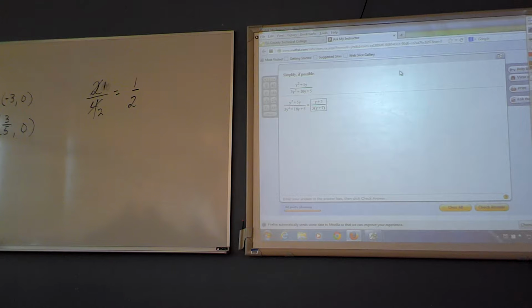And then the bottom is a reverse FOIL because you know you can't take the square root of 3 and you can't take the square root of 5. How do you do a shortcut on the top? It may be, it may not be, I don't know. If you factor out a y, no, it's not gonna be a shortcut, I just looked at it.